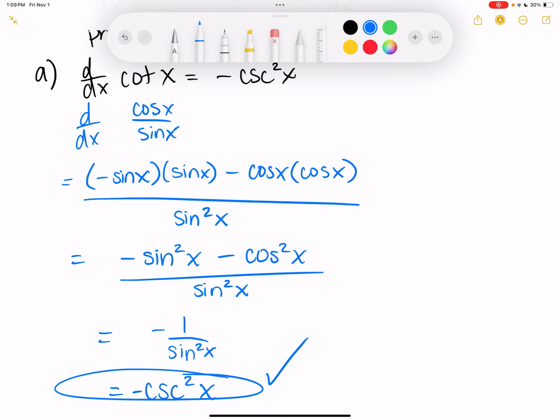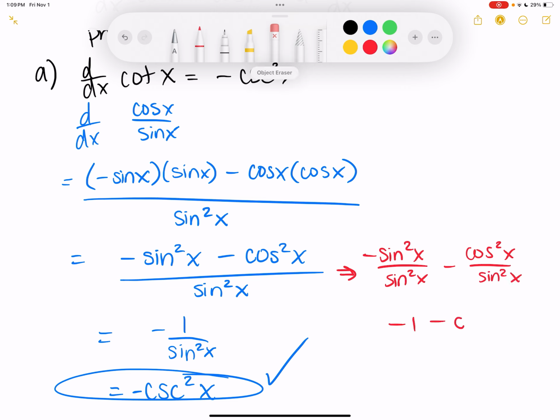But if you had split it here and said, I have minus sine squared of x over sine squared of x minus cosine squared of x over sine squared of x, then you would have said this is negative 1 minus cotangent squared of x. Well, that's equal to negative cosecant squared of x by the Pythagorean identities. So you would have still gotten there, but you couldn't just cancel.